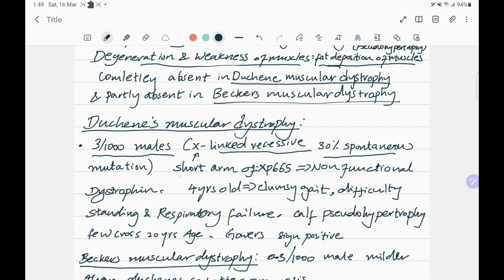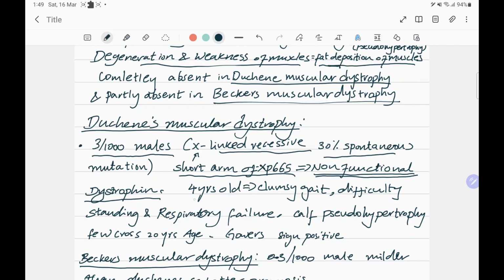The mutation is in the short arm of the X chromosome. You get an XP665 mutation, so you get a non-functional protein. It's not produced properly. It's a complete absence. This gene is non-functional, and you don't get the protein called dystrophin produced.